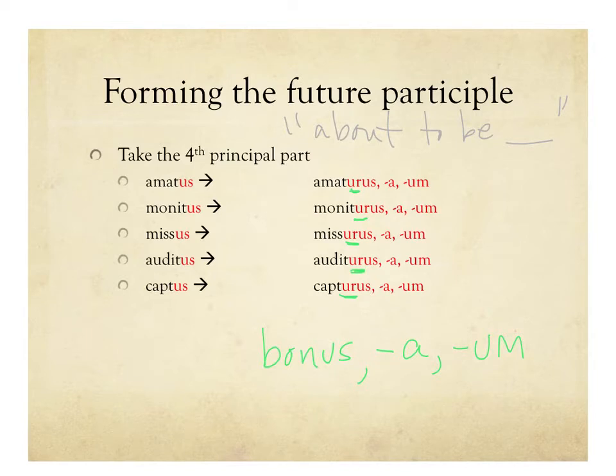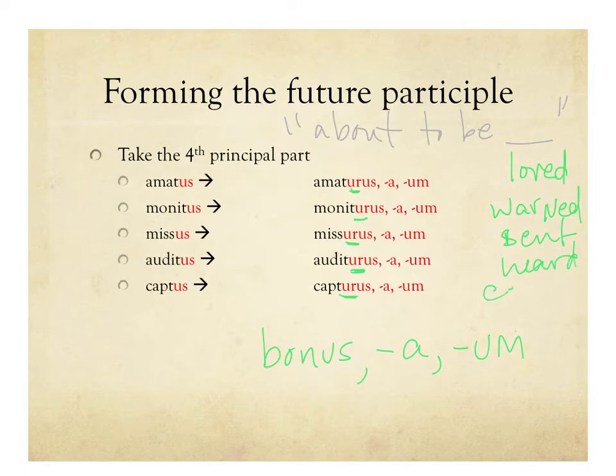They are absolutely and completely regular in every way. Amaturus would mean about to love, right? Moniturus, about to warn. Missurus, about to send. Auditurus, about to hear.